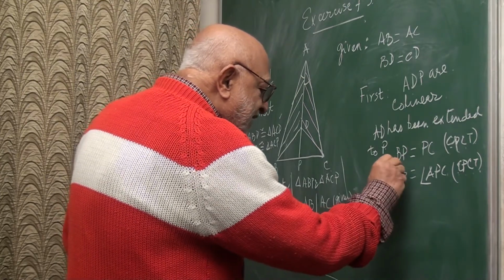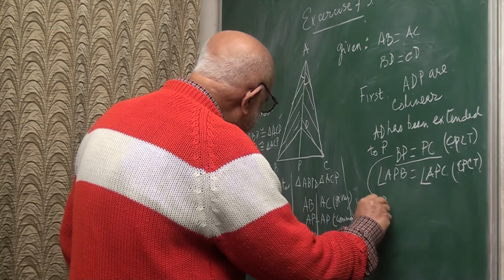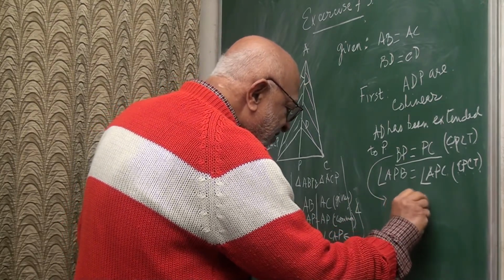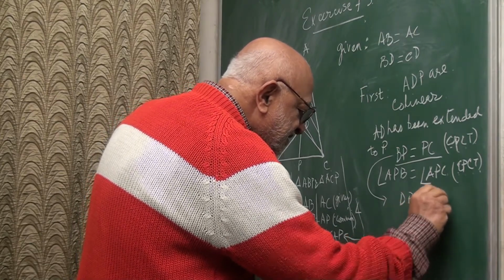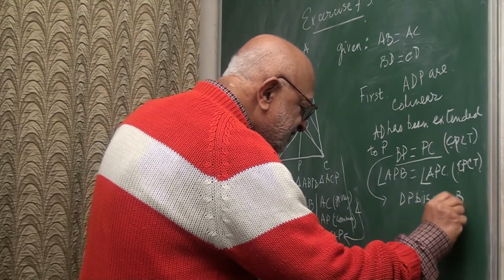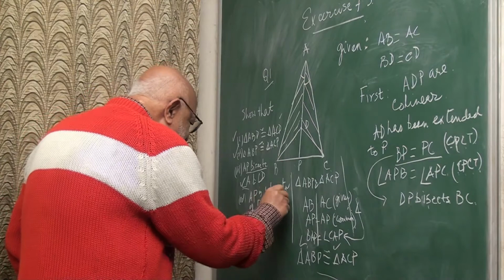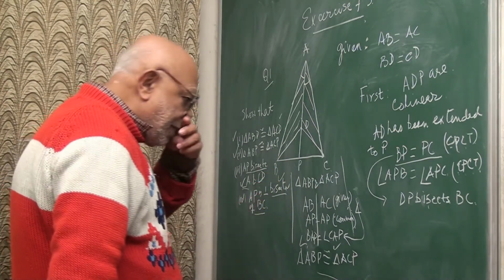Once I have said this, this means that AP bisects BC. So AP is a bisector of BC. Now I have to prove that it is also perpendicular.